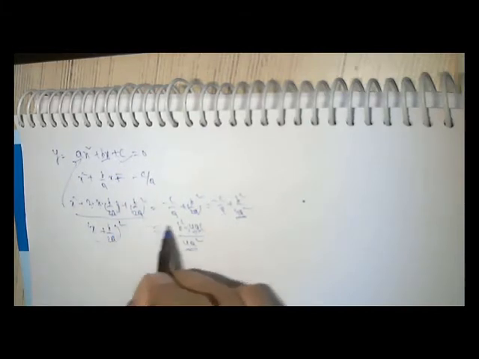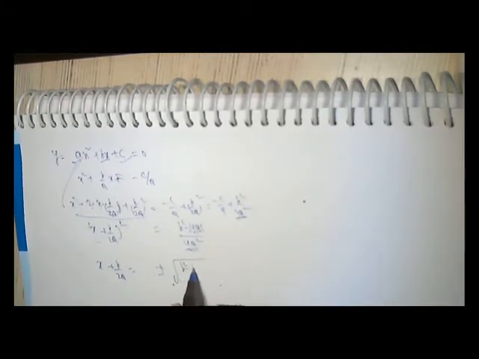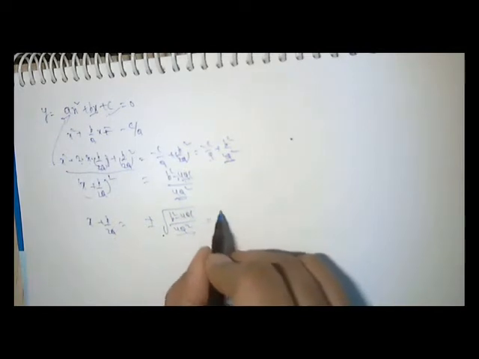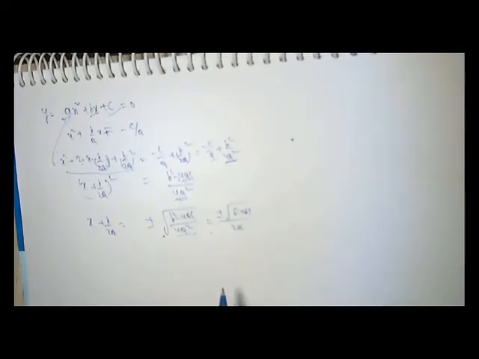So when I take the square root on both sides, x plus b by 2a is equal to plus or minus square root of b square minus 4ac by 4a square. So 4a square comes outside the root as 2a, because 2a whole square is 4a square.